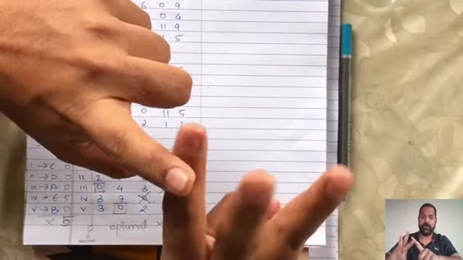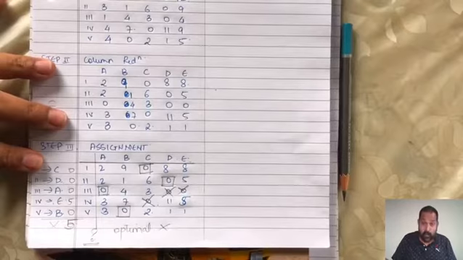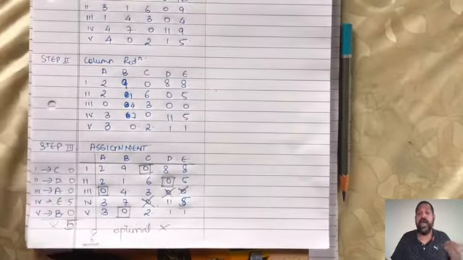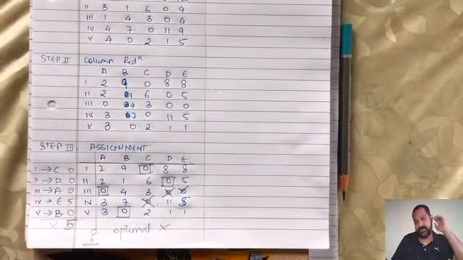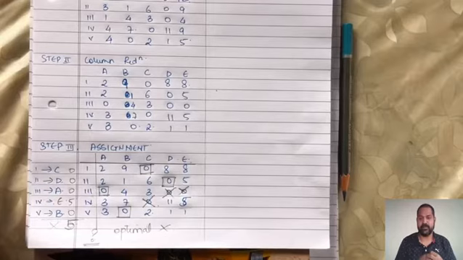Here, if you notice, I got only 4 assignments. I should have gotten 5 assignments. If I have gotten 4 assignments, is this an optimal assignment? No. Optimal assignment is not reached.